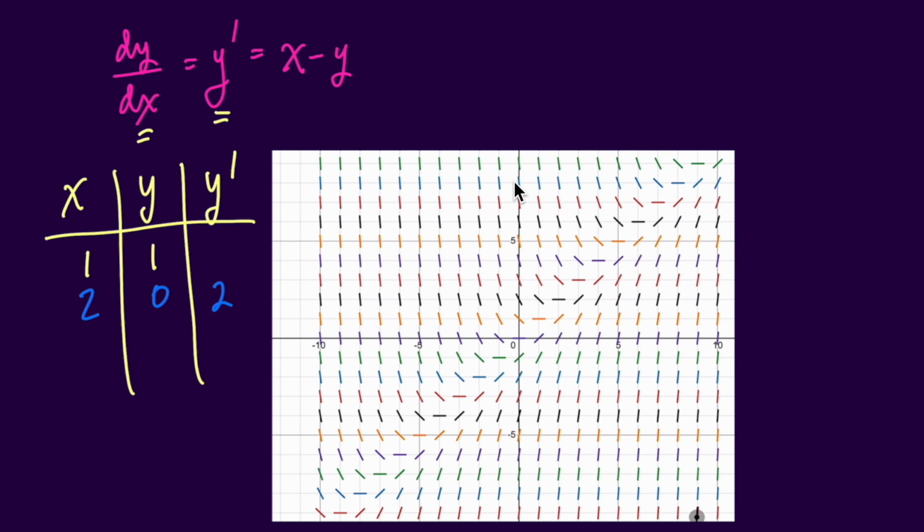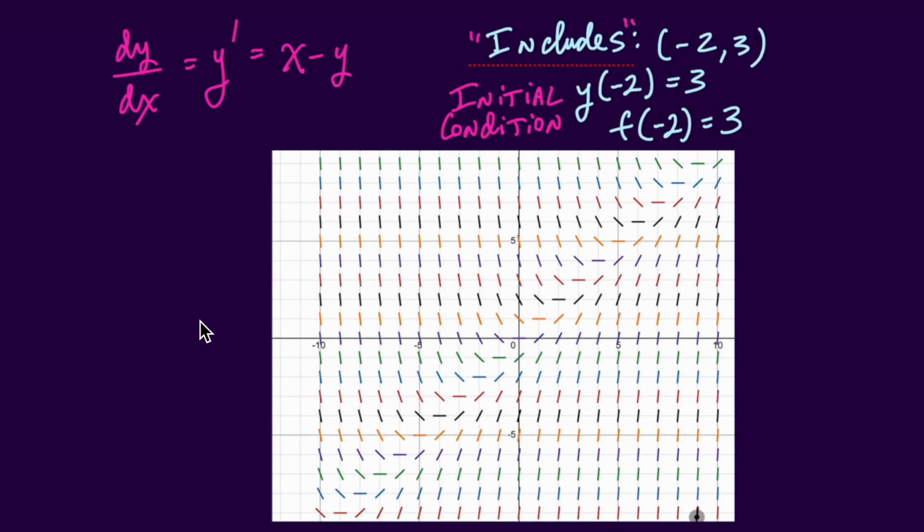Basically, it involves following the flow of the slopes. So getting to the point they give you and following the flow, almost like this is current in a river, and that will eventually give you a curve that represents the particular solution of that differential equation that includes a specific point.